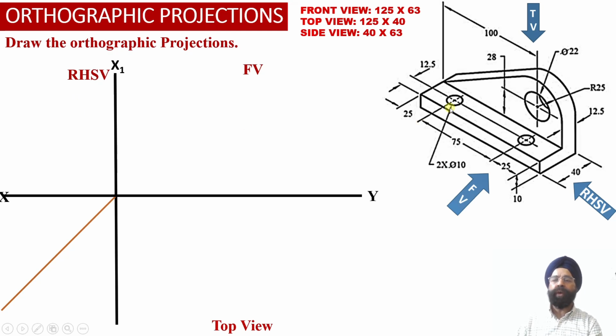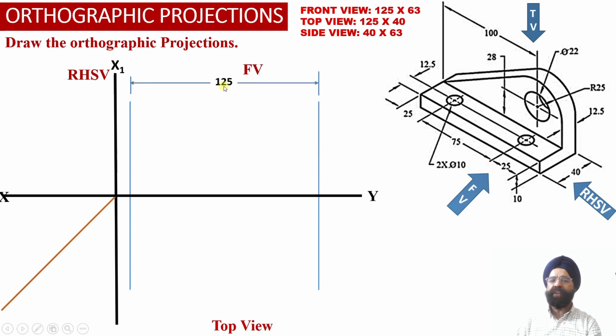Now once we look at the geometry of this object, we obtain that the front view, the top view and the side view face dimensions we have been able to obtain over here. So now we have drawn two vertical projector lines which are separated by the distance 125 millimeter, which happens to be the width of the solid over here.